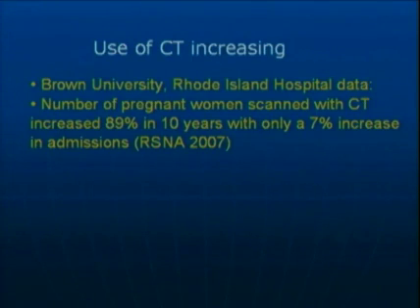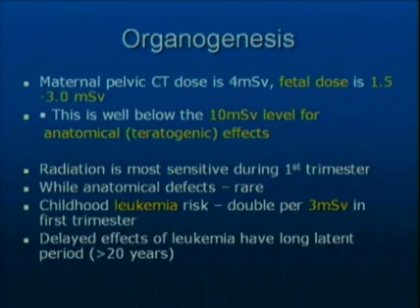Here's a study from Brown University, and the number of pregnant women scanned with CT increased by almost 90% in 10 years, and yet only a 7% increase in admissions. So there's no doubt that CT use, even in pregnant women to this point, has been increasing.